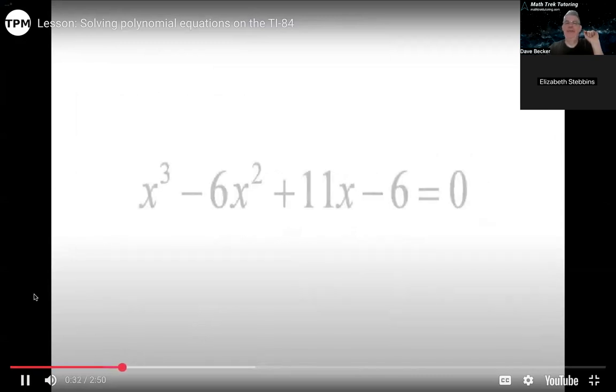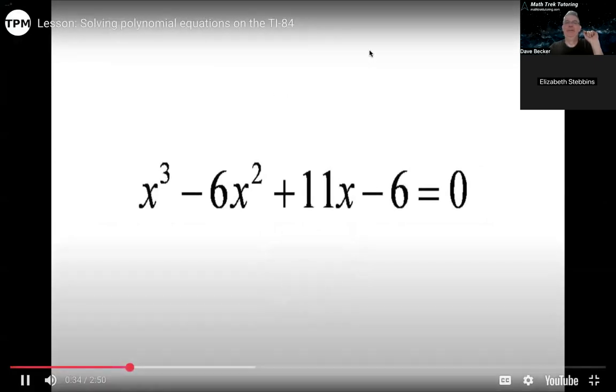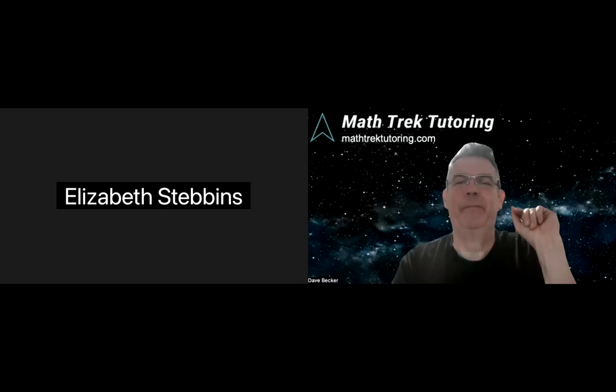Some polynomial equations can be solved pretty easily. Quadratic equations in particular can be solved by factoring, completing the square, or by using the quadratic formula. As the exponents on the polynomials get larger, they get tougher to solve.